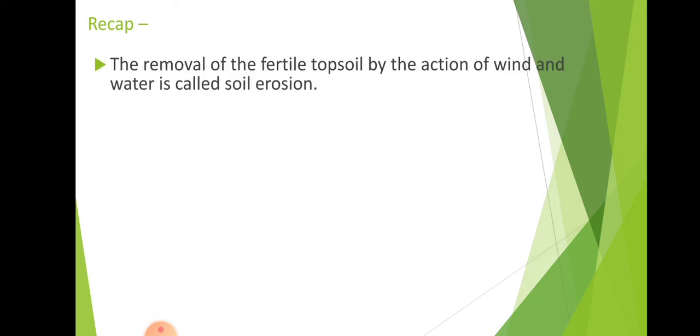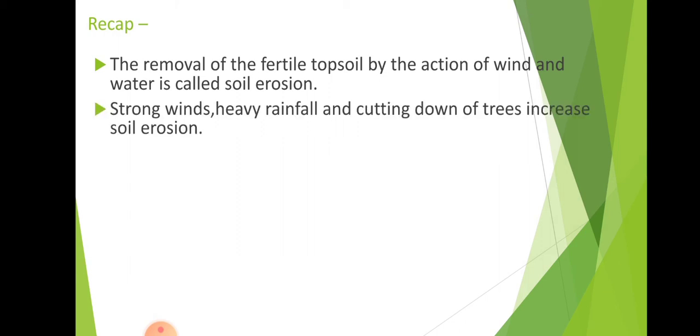Let's recap. The removal of the fertile topsoil by the action of wind and water is called soil erosion. Strong winds, heavy rainfall, and cutting down of trees increase soil erosion.